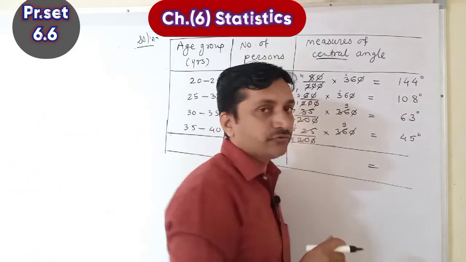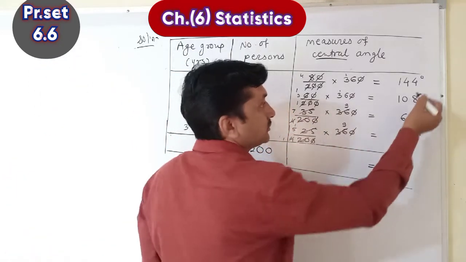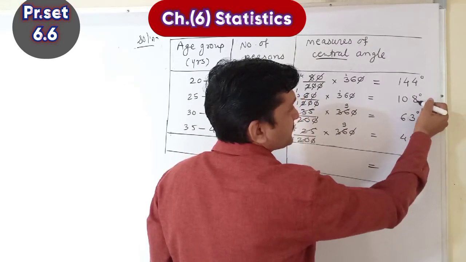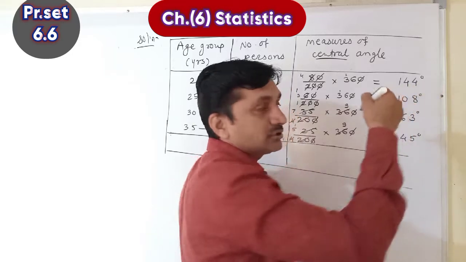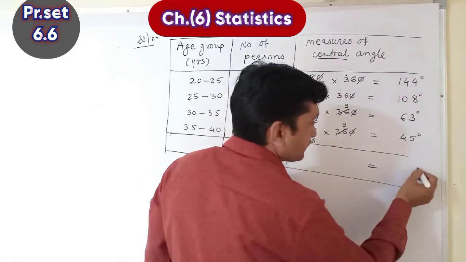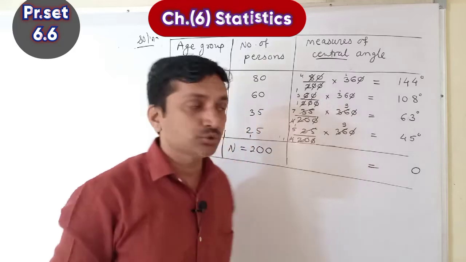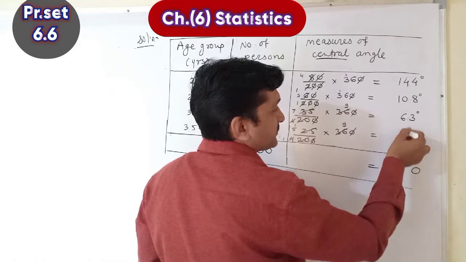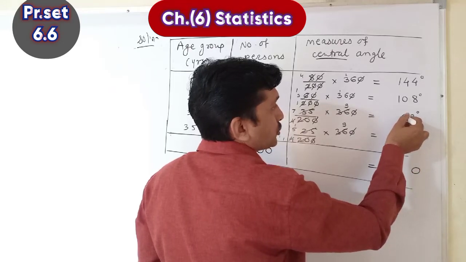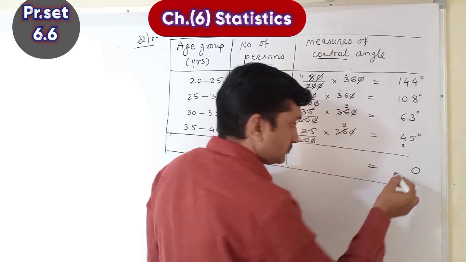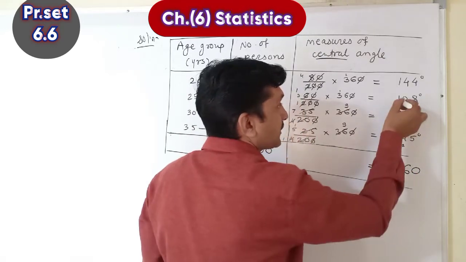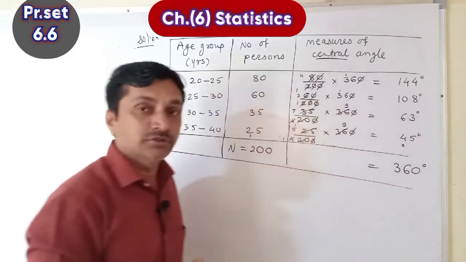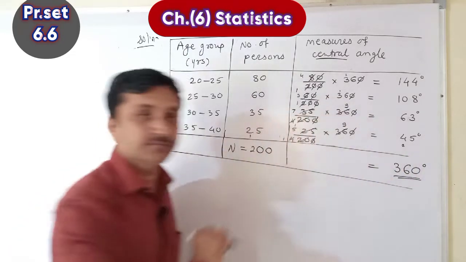Let's add it, and if you get 360, our table is correct. 5 plus 5, 5 plus 3 is 8, 8 plus 8 16, 16 plus 4 20, 2 carried over, 4 plus 2 6, 6 plus 6 12, 12 plus 4 16, 1 carried over, 360 degree. You see, 360 degree means the table is correct.